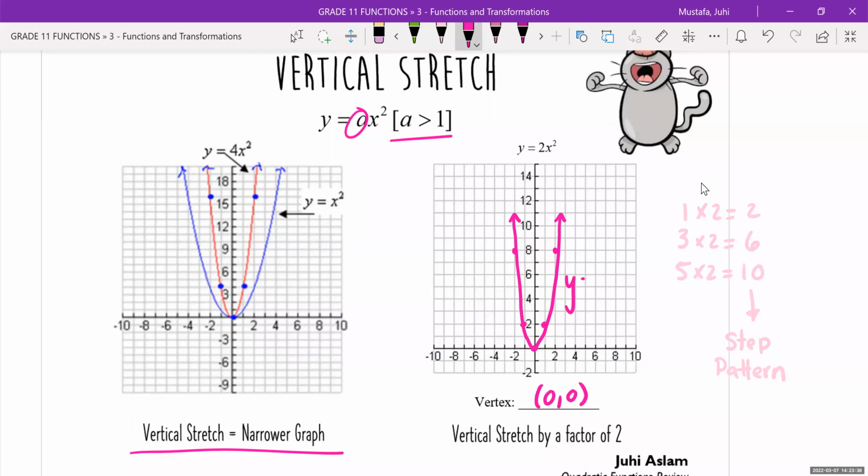And so this is our graph for y is equal to 2x squared. And if I were to graph y is equal to x squared on the same grid, I would notice y is equal to 2x squared is narrower than y is equal to x squared.